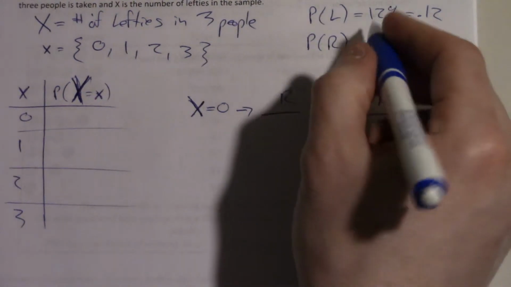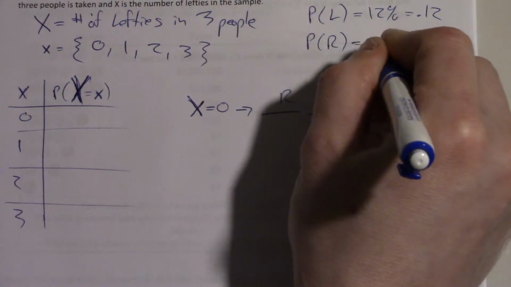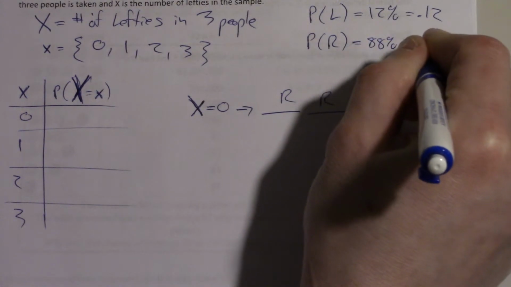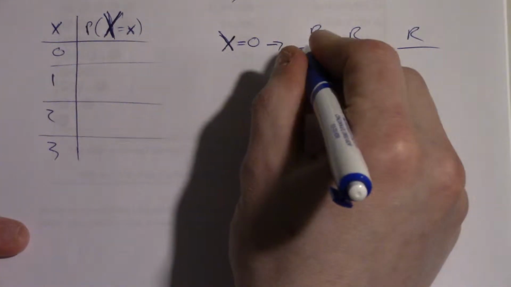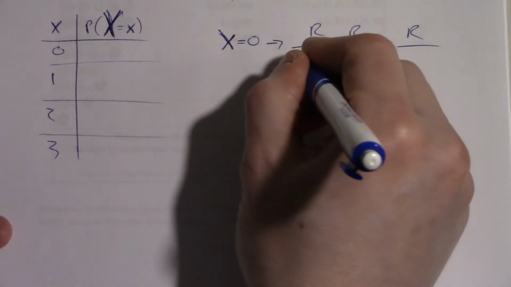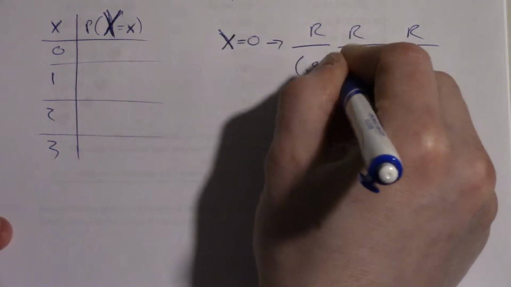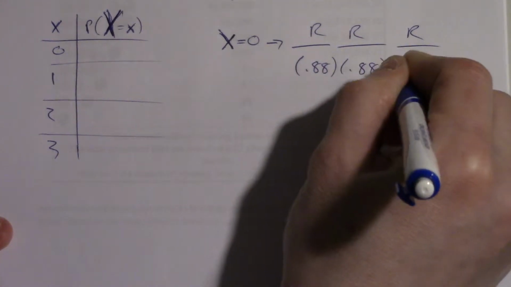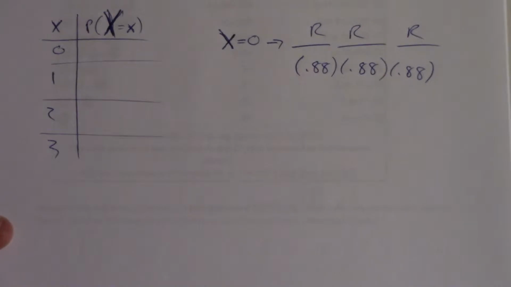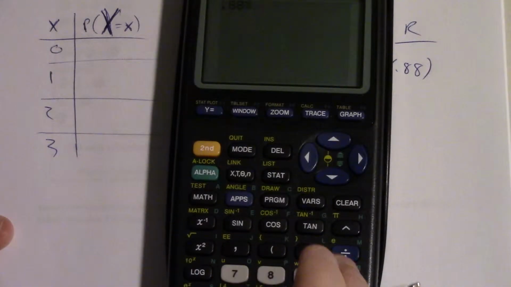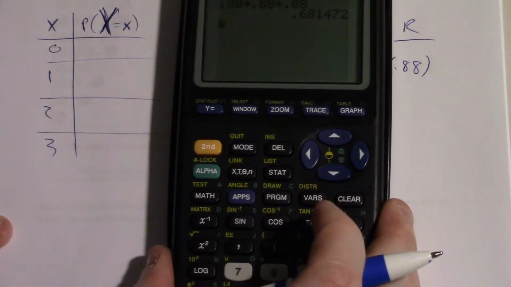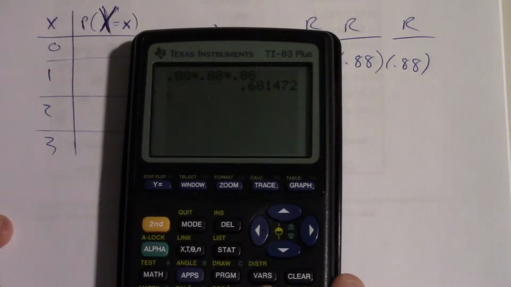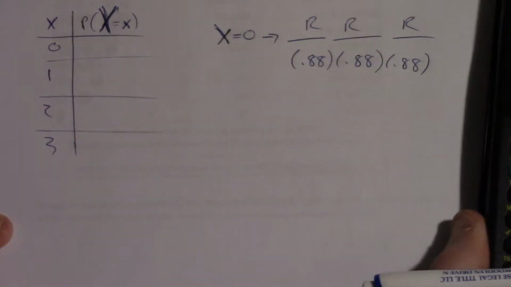That's everything else that's not 12%, so it's 88%, or 0.88. So, to find the probability that X is 0, we have 0.88 times 0.88 times 0.88. So we get 0.681472.